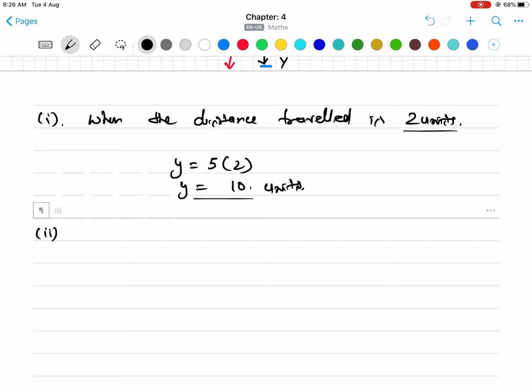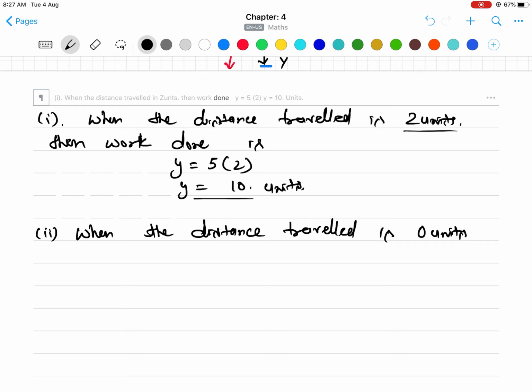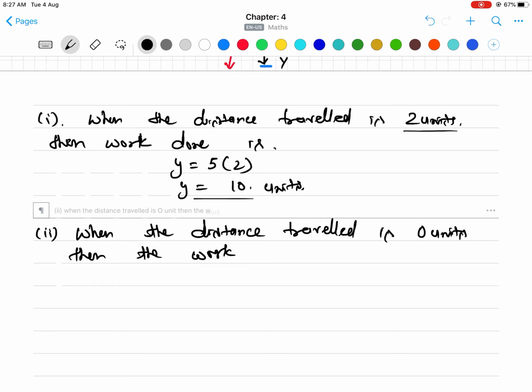Okay, second part, when the distance traveled by the body is 0 units, then the work done is, similarly, we'll write the equation y equals 5x, and in the place of x we'll write 0.